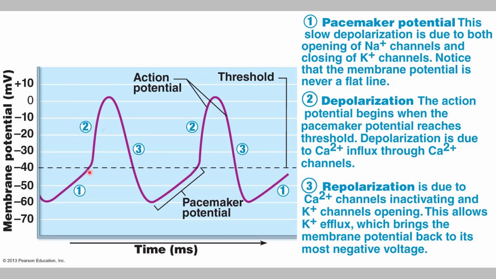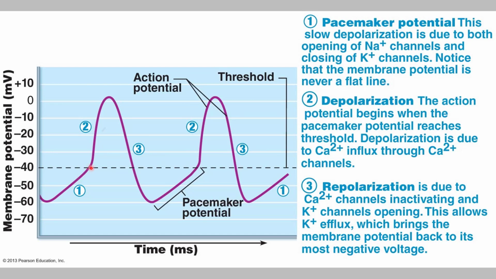And that is because the SA node, and all of the others, but the SA node has this special type of sodium channel that on its own opens about 100 times a minute. It's similar to a voltage-gated sodium channel, but on its own, it opens about 100 times per minute. And when it opens, sodium starts coming in.